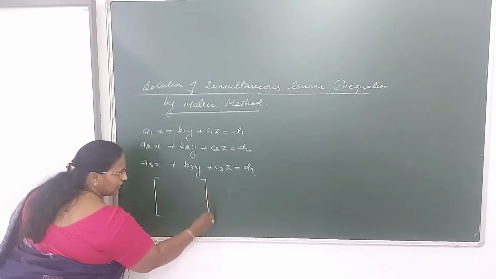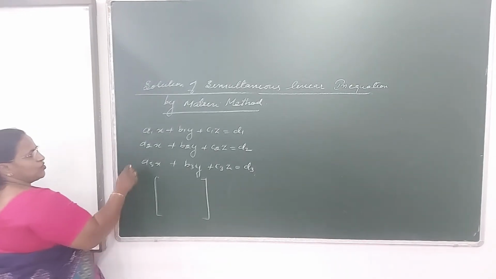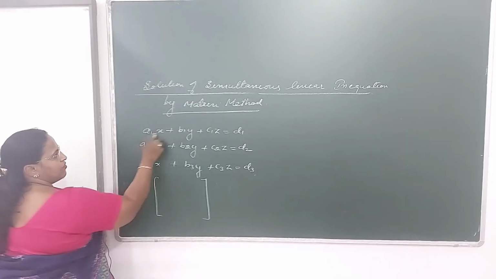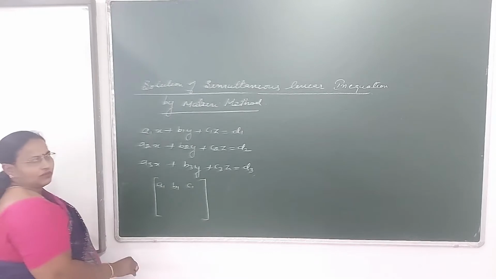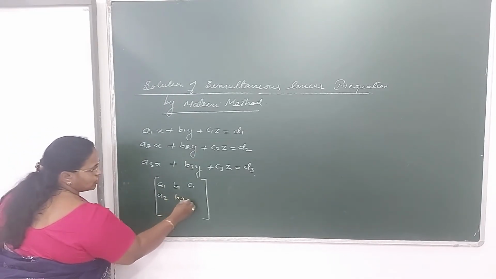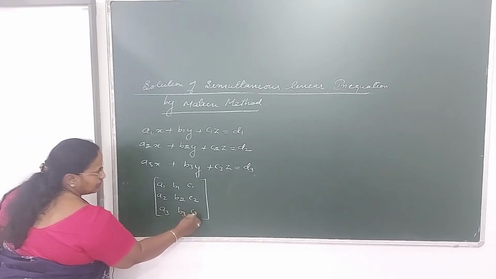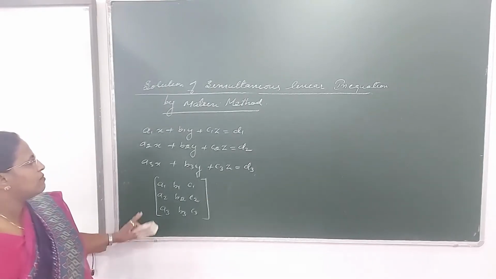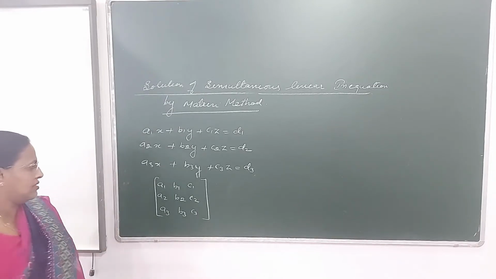The first one is a square matrix of the coefficients. The coefficients of the first equation, a1, b1, c1, you will write as the first row. The second row will be a2, b2, c2. Third row will be a3, b3, c3. So this is a square matrix of the coefficients of the three equations.